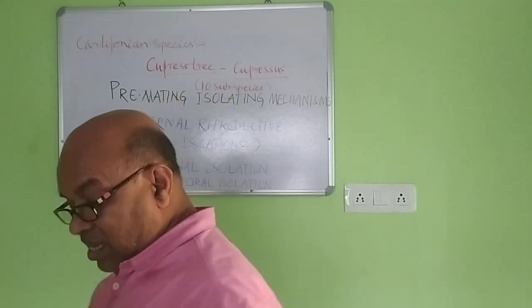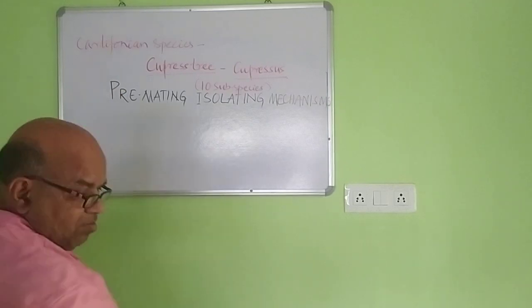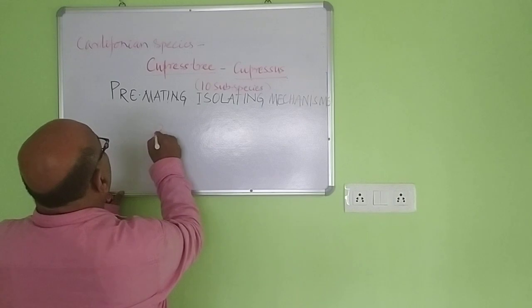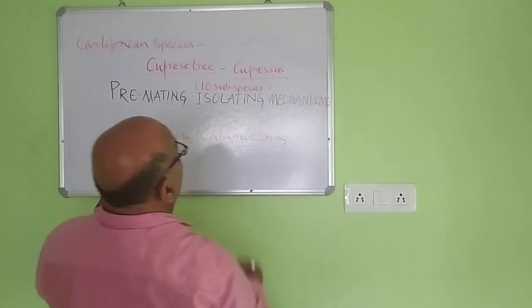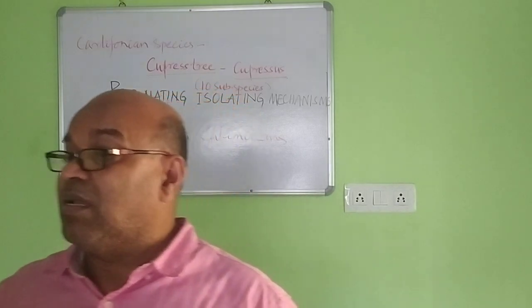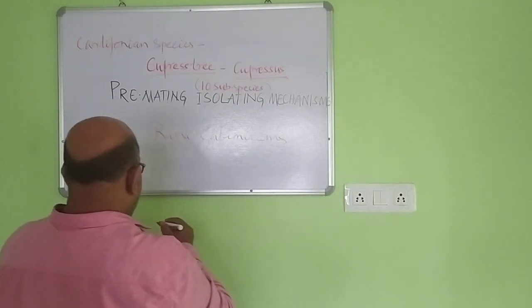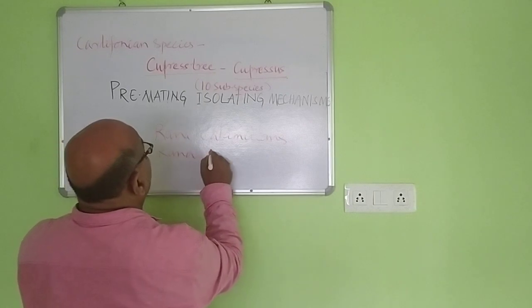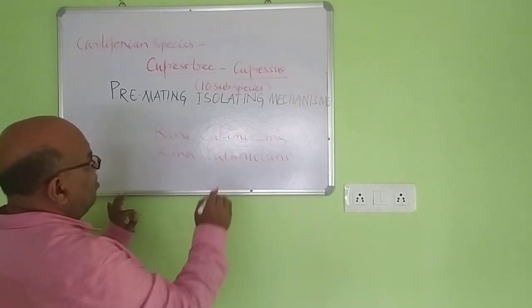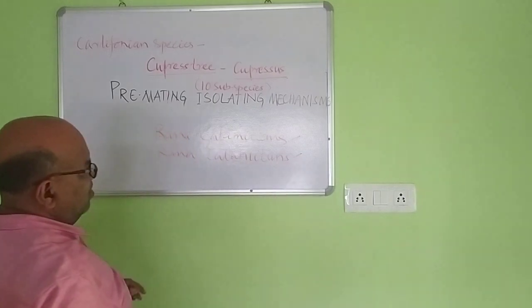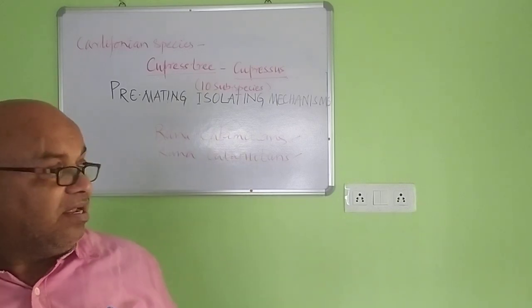Rana calamitans is one species, and some authors also write it as Rana calamitans with a slightly different spelling; both mean the same. These are differences in the spelling.